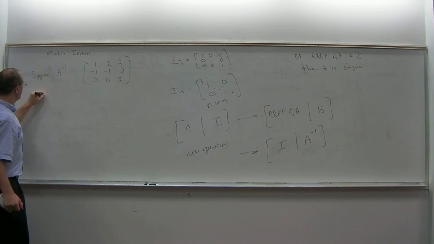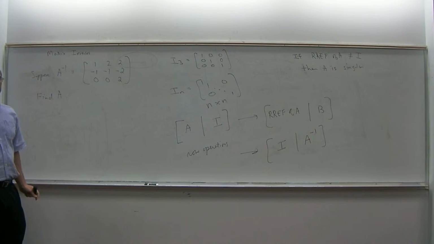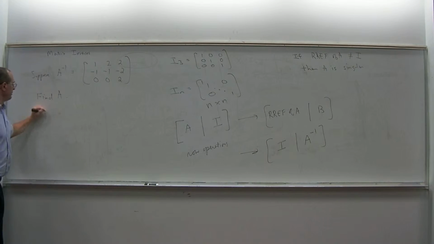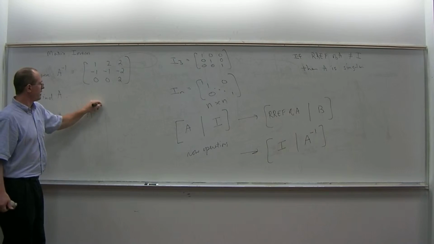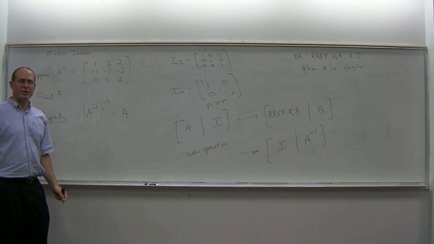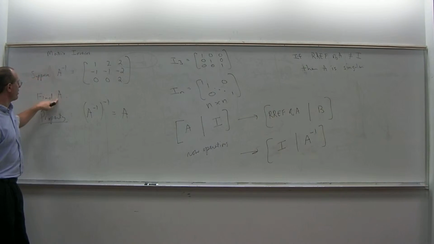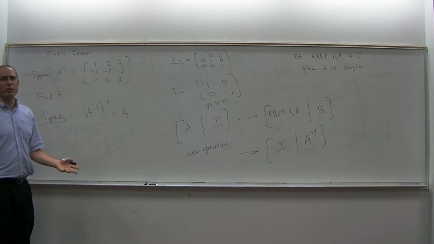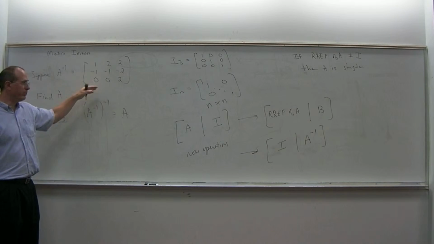Let's find the original matrix A. And basically, the twist is that we have the following property for inverses. If you take the inverse of the inverse, then you get back to the original matrix. So if we're starting with A inverse and we want to find A, then all we really want to do is find the inverse of this matrix. That will be A.